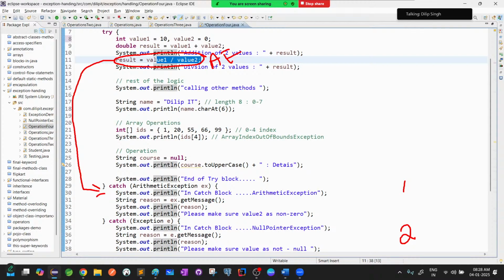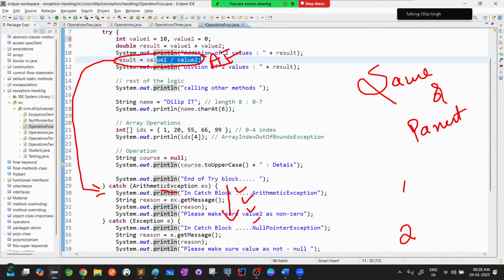And what it will do is, what I said right now, a rule: the JVM checks for the same type of exception, same or parent, same or parent. So now it is checking what exception, arithmetic exception. Yes, you have a catch block for the arithmetic exception. Then it will enter into that catch block and execute the rest of the logic.